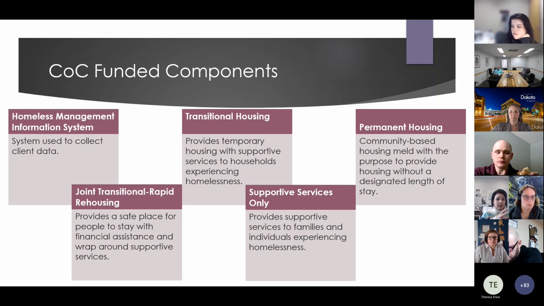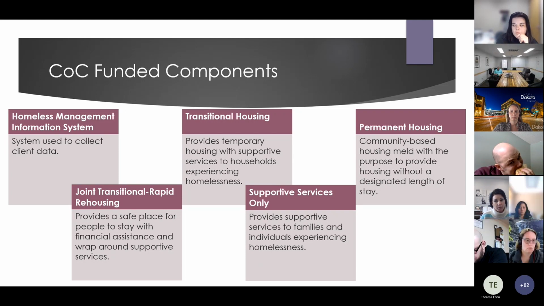They'll stay in the transitional housing for a certain amount of time, and then they'll move into rapid rehousing, where there may be some financial assistance to help them establish their rent and get on their feet a little bit in their own place. But those wraparound services continue with them for up to 2 years, based on the client's needs.